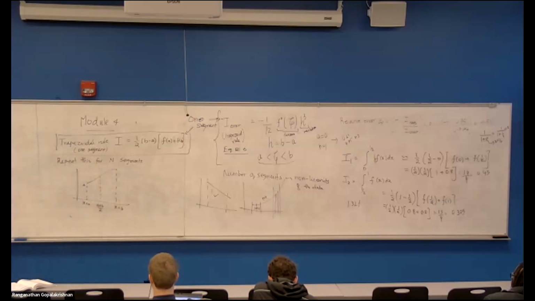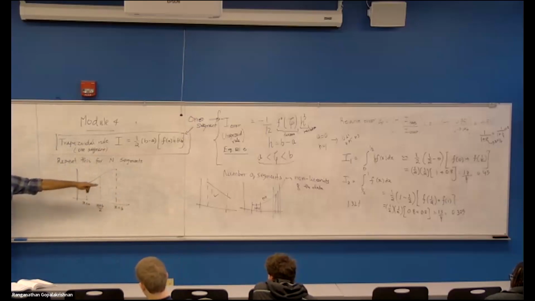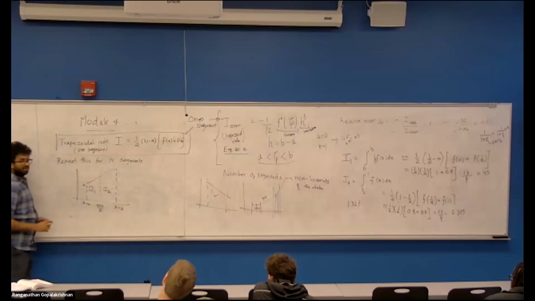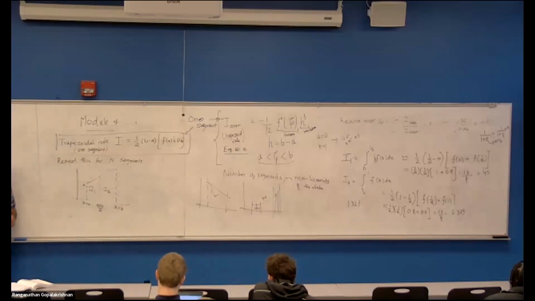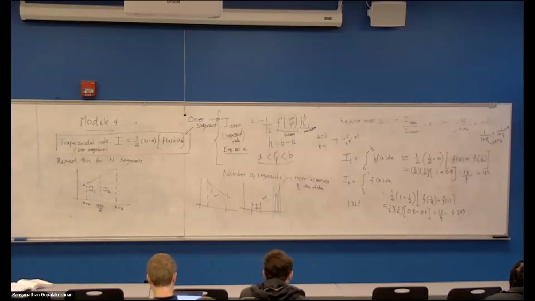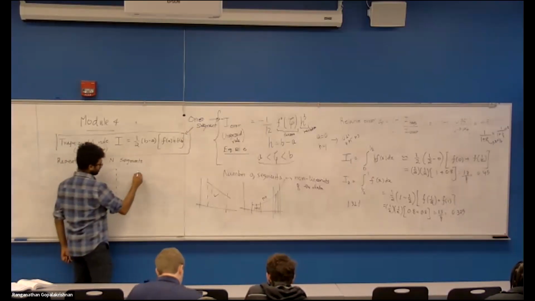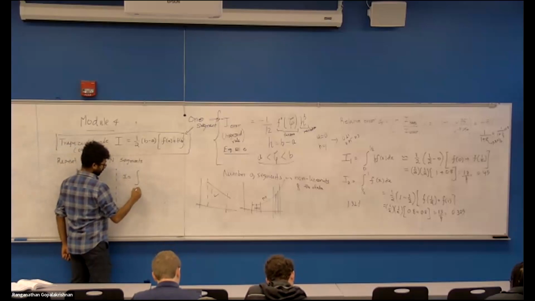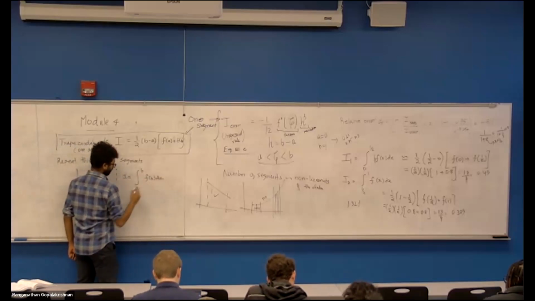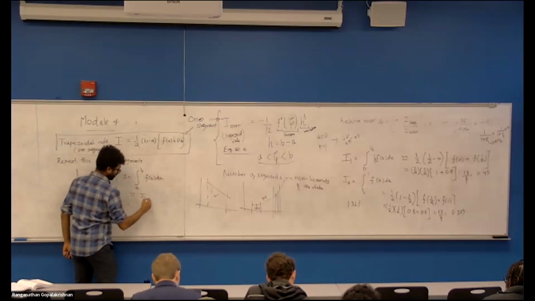Without using any numbers, can you derive the formula for I1 plus I2? Apply the trapezoidal rule twice and get me a formula in terms of the symbols a, b, and f of a and f of b. You want to compute I equal to the integral from a to b of f of x dx, which we are approximating as I1 plus I2.